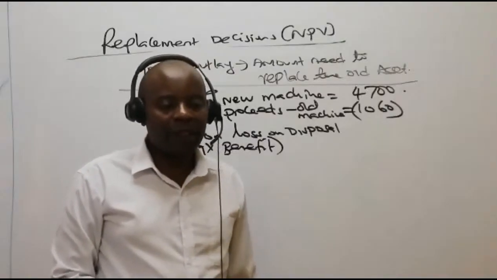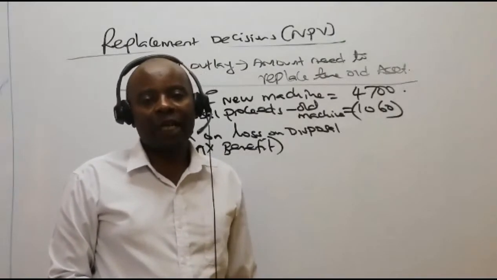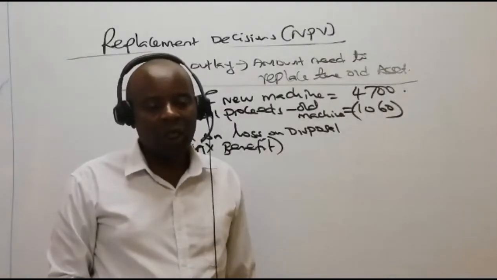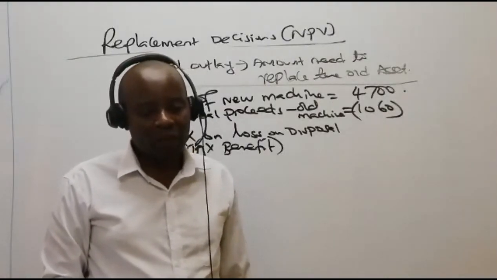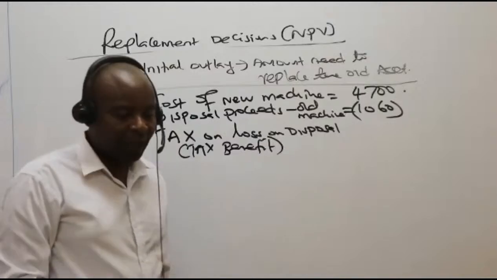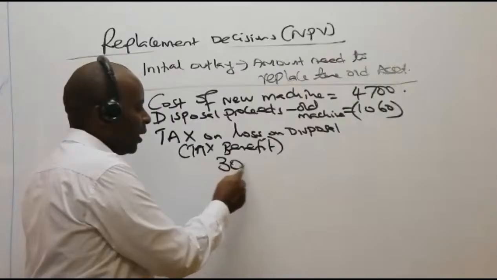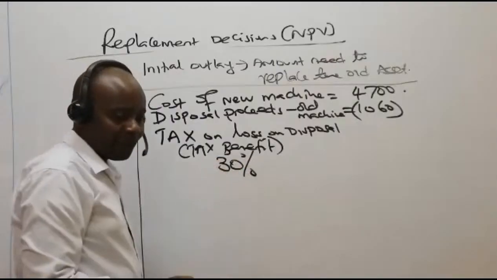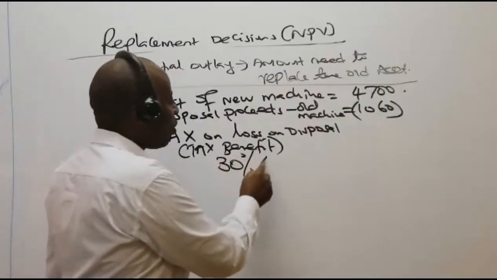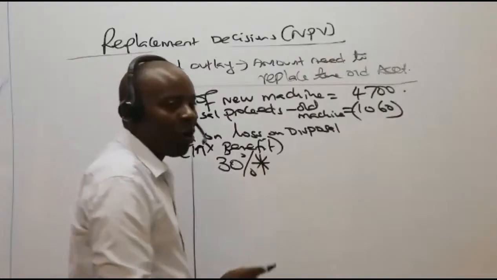So, ladies and gentlemen, then we need to know what is the rate of taxation given by the examiner. Somebody is telling me it is 30%. So 30% of the loss on disposal.